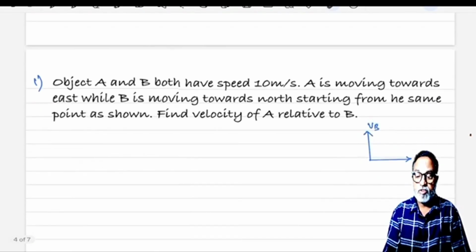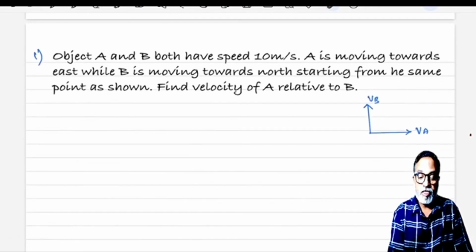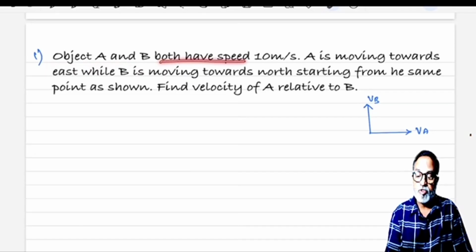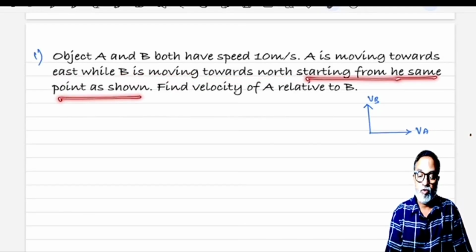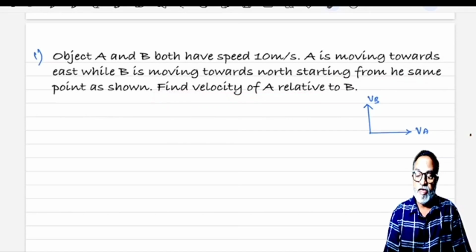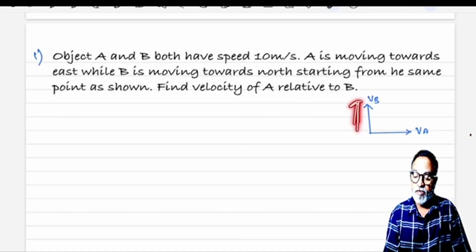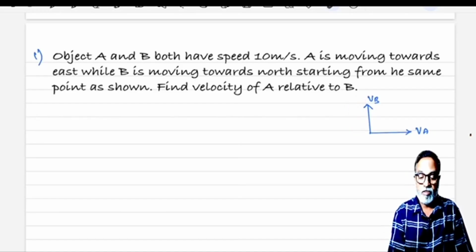Here are some problems. An object A and B both have speed 10 meter per second. A is moving towards east while B is moving towards north, starting from the same point as shown. Find the velocity of A relative to B. See, this is velocity of A moving towards east, and this is velocity of B moving towards north.